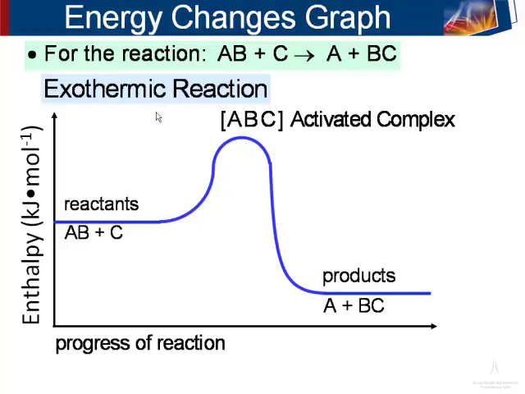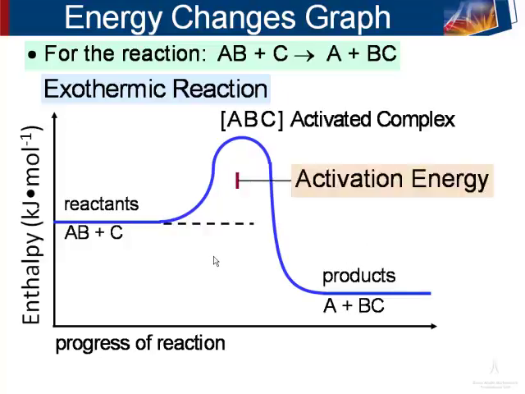Now, because this is an exothermic reaction, you'll notice that the enthalpy of the products is less than that of the reactants. And the gap between the enthalpy of the reactants and the activated complex is your activation energy. So this is how much activation energy is required for the reaction to proceed.